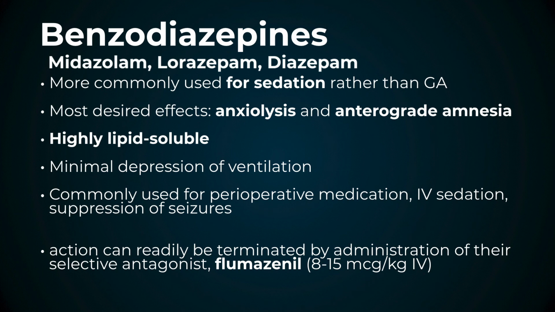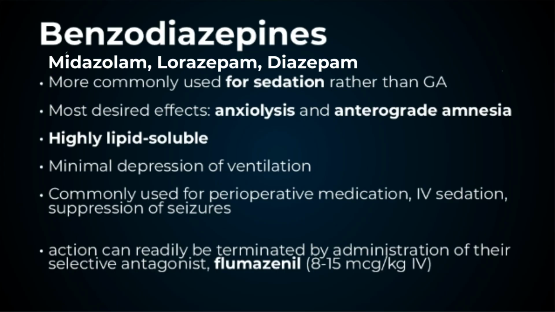The first group of adjuncts are the benzodiazepines. So you have midazolam, lorazepam, and diazepam. These drugs can produce anesthesia similar to that of barbiturates, but they are more commonly used for sedation rather than general anesthesia because the anesthetizing doses may cause prolonged amnesia and sedation.